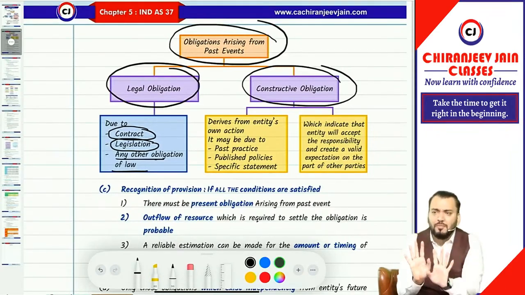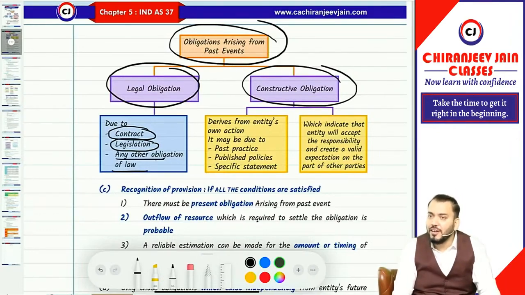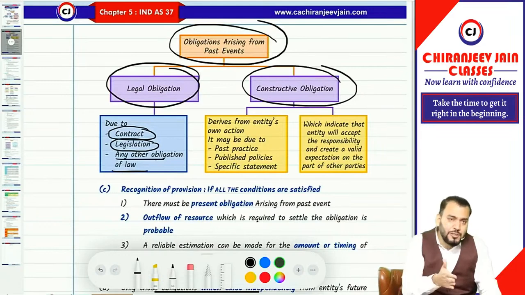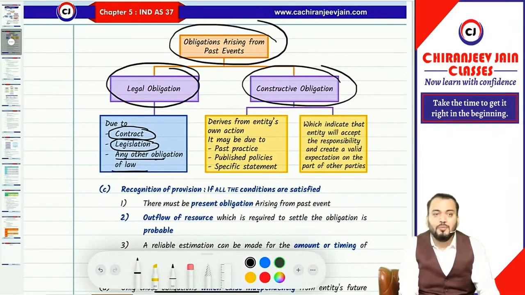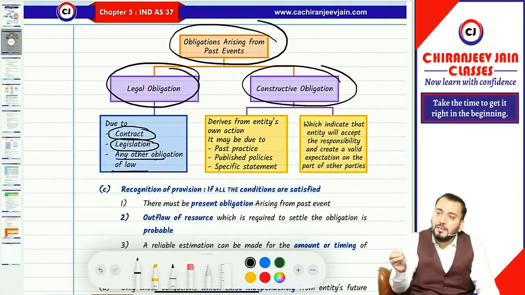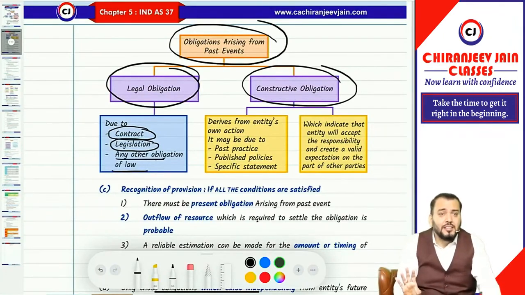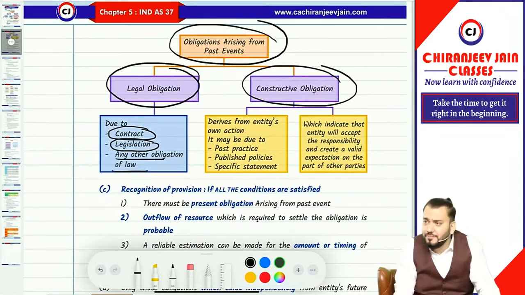Correct. Right now we have done one contract that I will teach you, you learn from me, and you need to pay a fee of this amount. This is a contract. But suppose during the classes I have made one announcement that any student who scores 90 or more than 90% marks in FR in the exam conducted by ICAI, I will refund 50% of the fee.